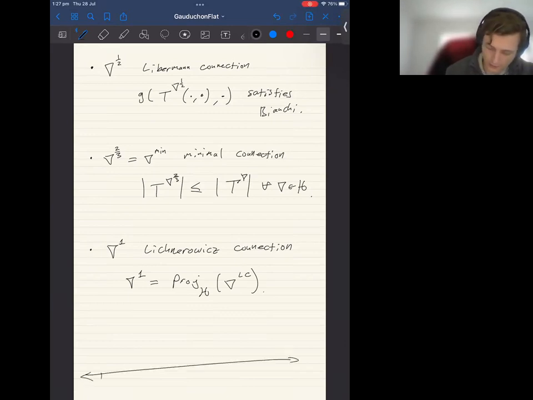If you have, so here we have the Chern connection corresponding to 0. 1/2 is Lieberman. 2/3 is the minimal. 1 is Lichnerowicz.